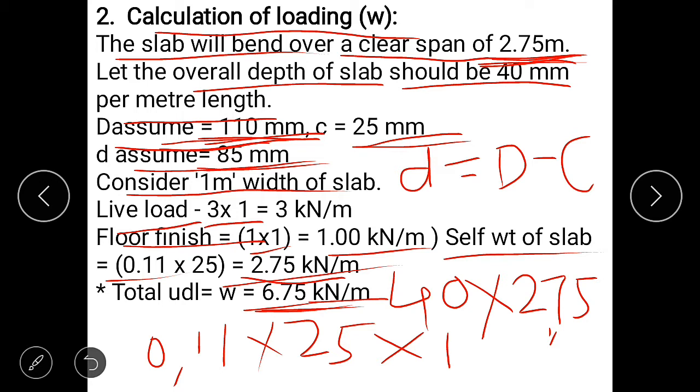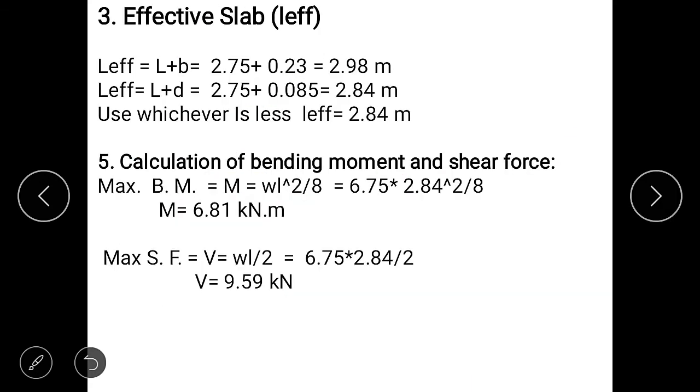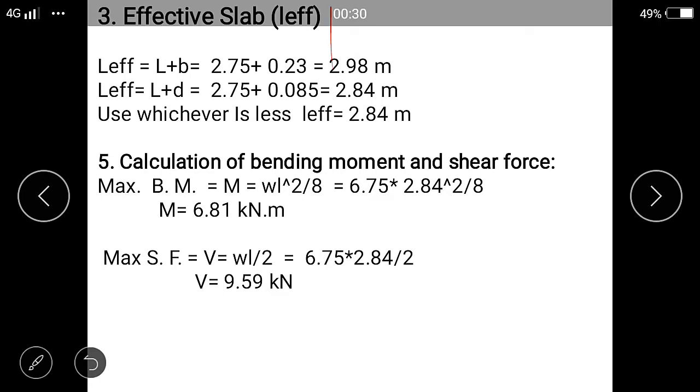From second step we got the load on slab. The total UDL is 6.75 kilonewton per meter. In third step we have to find the effective slab length, L effective.